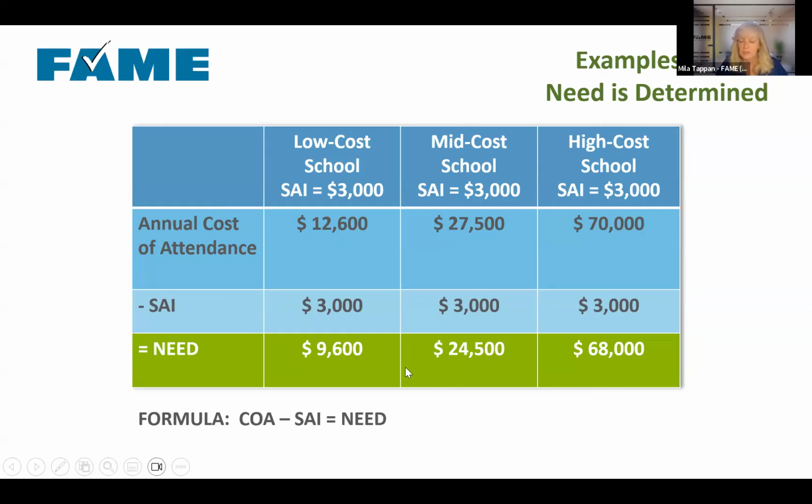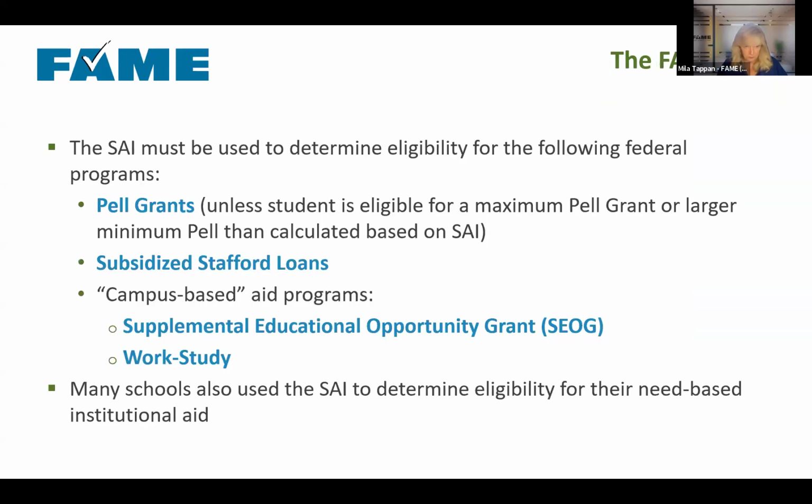Every school is going to do their best to fill 100% of that need. Now, you working with students and seeing lots of financial aid offers through the years, you know that not every school is able to fill 100% of need. But what we're hoping is that students are able to find those schools that can meet a significant amount of need and actually make higher education affordable.